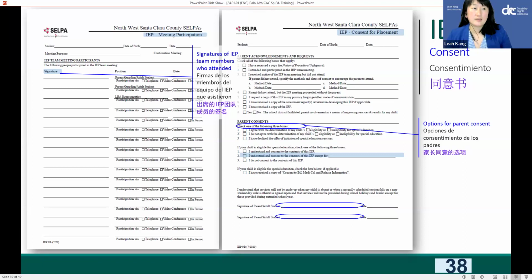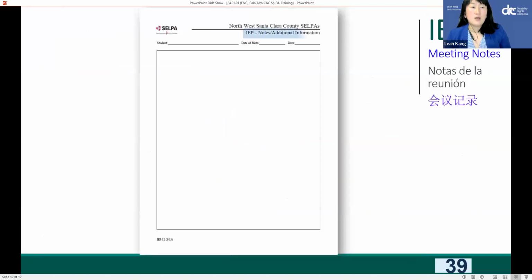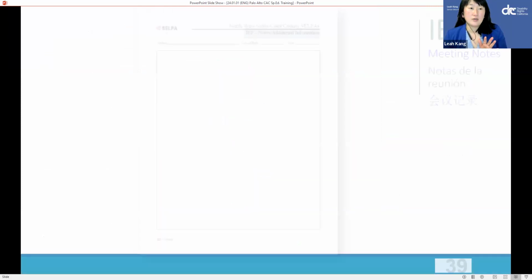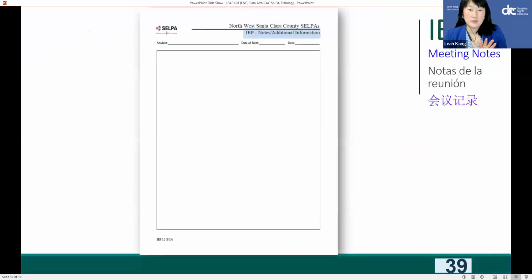If we can go to the next slide in full screen mode, there's always then also a page for meeting notes. And you should have an opportunity to carefully review these notes and make sure that they reflect what was discussed.